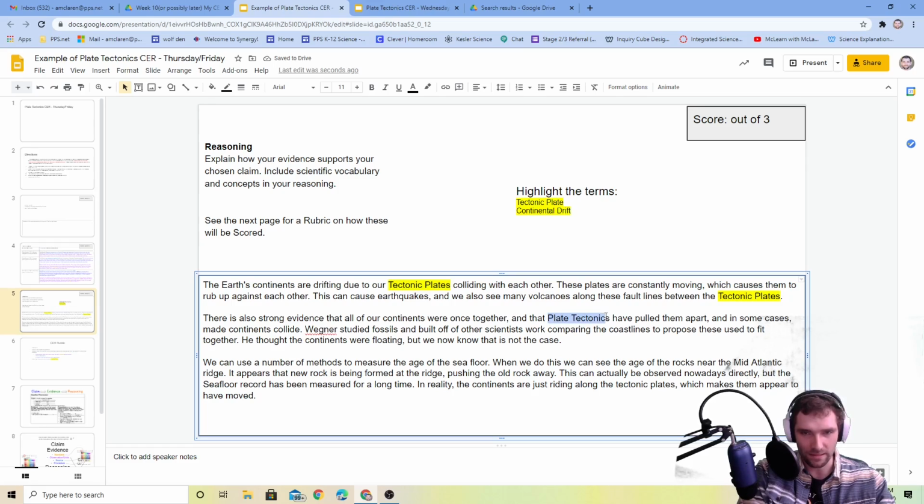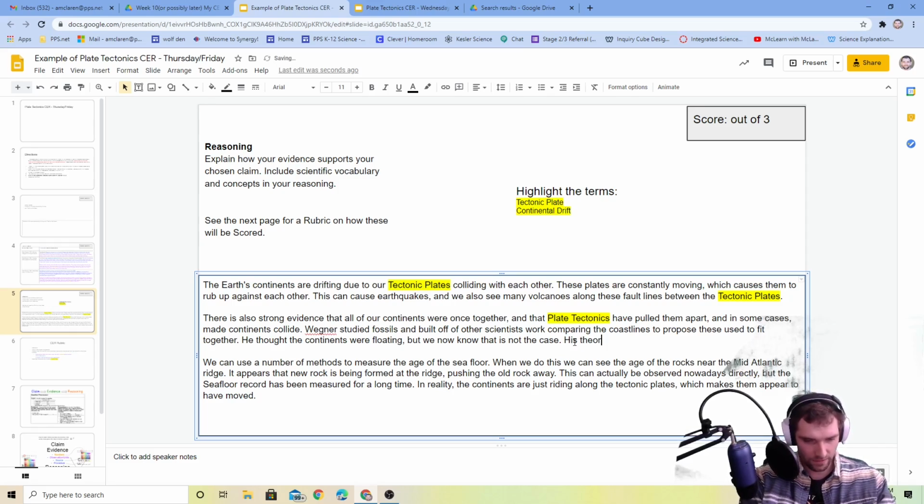I need to throw that in here somewhere. It should be easy for me to throw it in because I've talked about it a lot. So hold on, just give me a second. Okay, so he thought the continents were floating, but that was not the case.